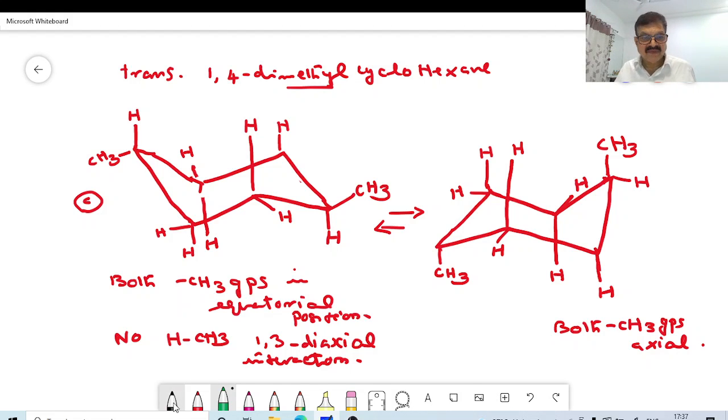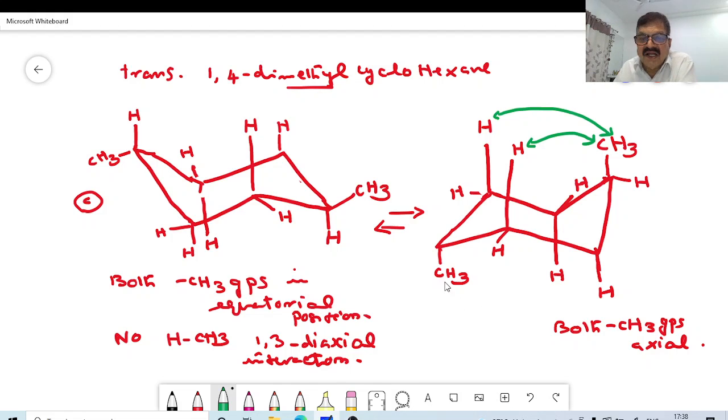There is a 1,3-diaxial strain interaction between this hydrogen atom in the 1,3 position and this methyl group. And then this hydrogen atom and these methyl groups, because they are close to each other, are in a 1,3-diaxial position here.